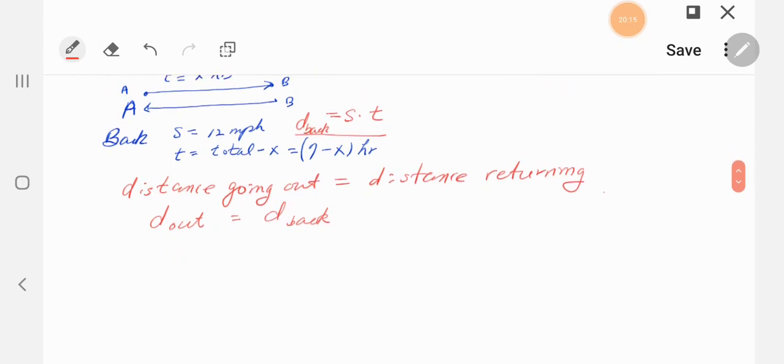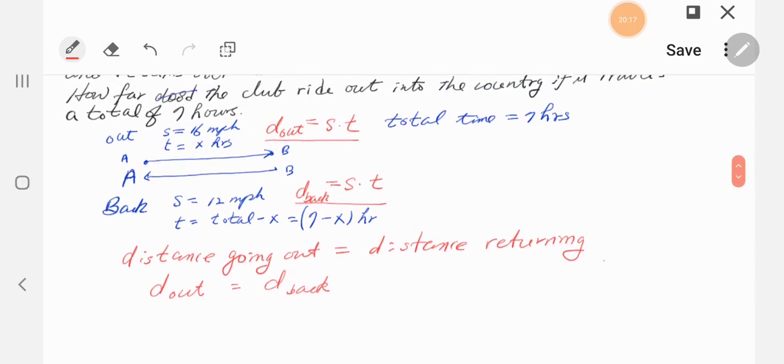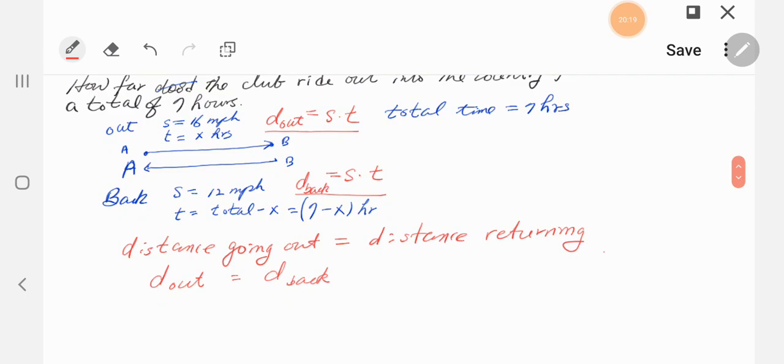So using the formula, distance going out is what? st, right? So what's the speed going out? 60 miles per hour. How many hours? x hours. So when you come back, the speed is 12 miles per hour, and the time is 7 minus x. So this is the equation.